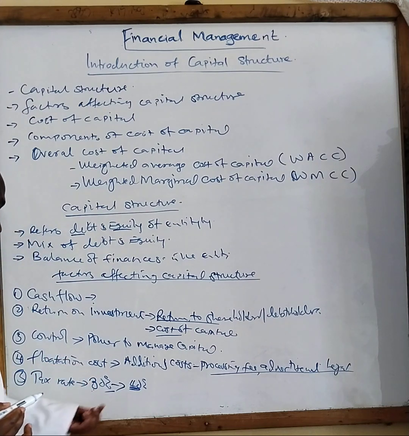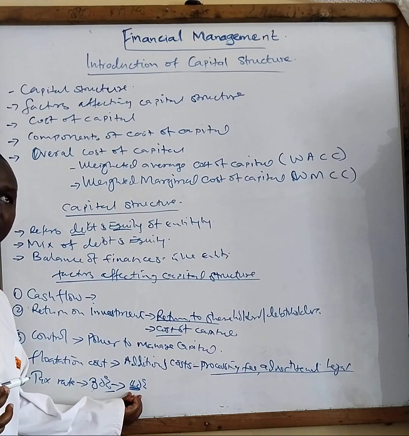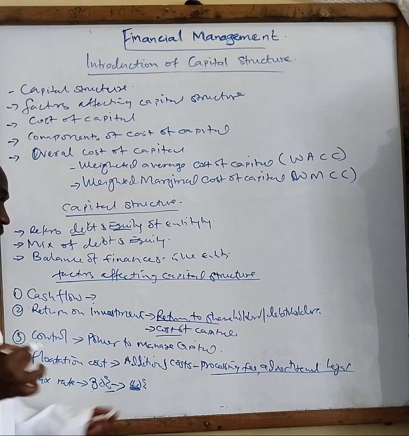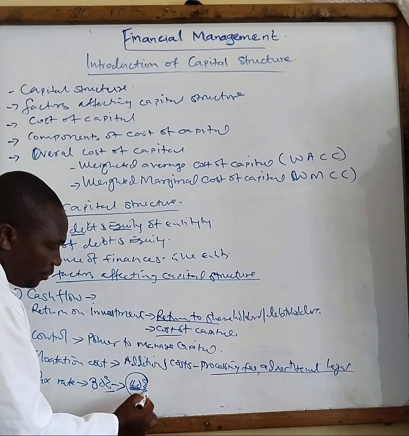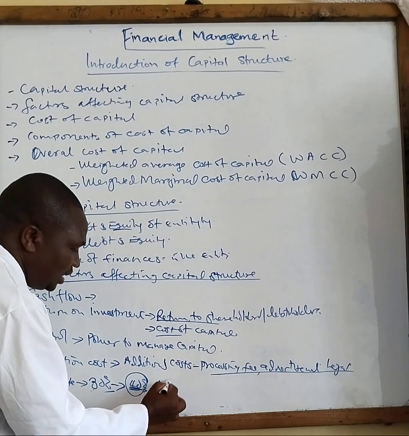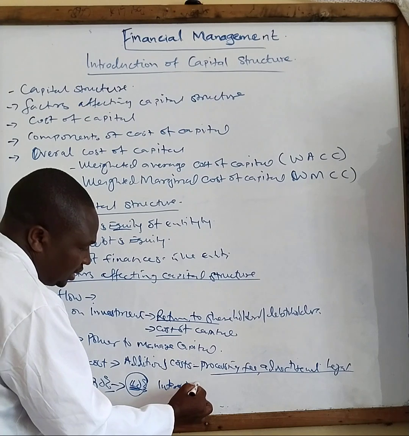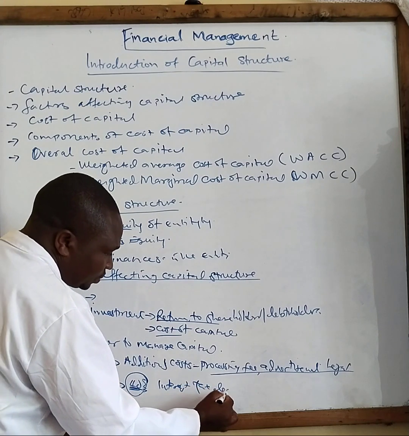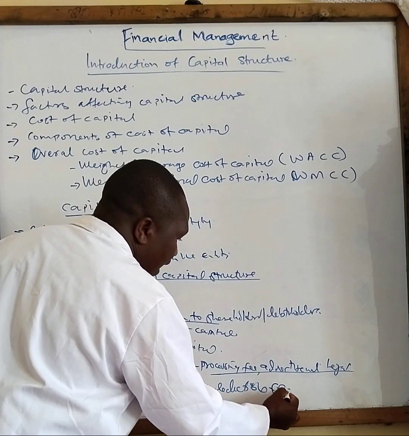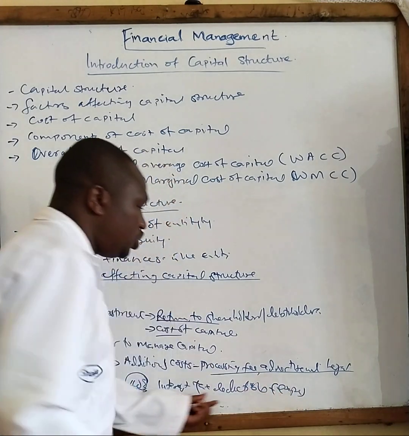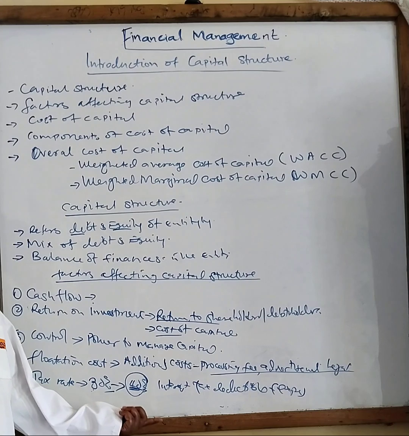Let me explain why. When the tax rate is high, it is favorable for debt, because the amount will attract an interest which is tax deductible, which means it can be treated as an expense. This expense reduces the amount of profit.